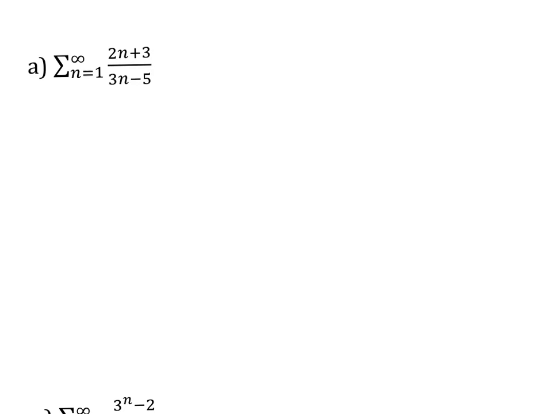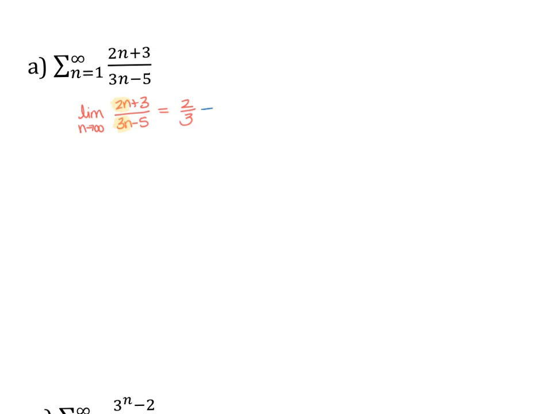All right. So I have the series from n equals 1 to infinity of 2n plus 3 over 3n minus 5. So I'm taking a look at this, and I'm noticing if I take the limit as n approaches infinity of your a sub n, which is 2n plus 3 over 3n minus 5, I know that the limit here is 2/3 because I know that these powers will take over, and therefore I'll have a horizontal asymptote at 2/3.